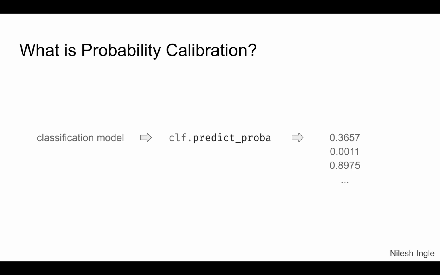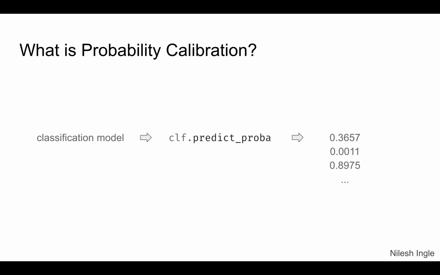So if we classify a particular sample or record as belonging to class 1 or class 0, then we can also get associated probability values for being in class 1 or class 0. And these probability values that we get from the classifiers may not always be reliable. So that's where probability calibration comes in.